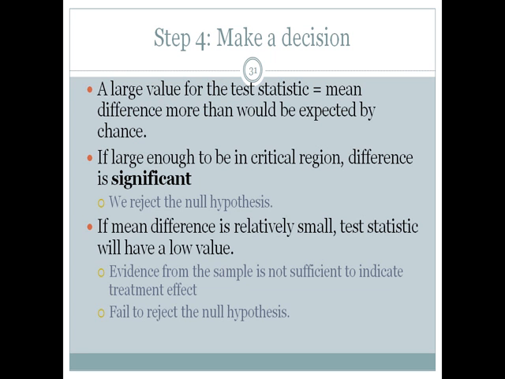So in the null hypothesis testing approach, we'll either reject the null hypothesis or fail to reject the null hypothesis. Our conclusions are always framed with regards to the null hypothesis.